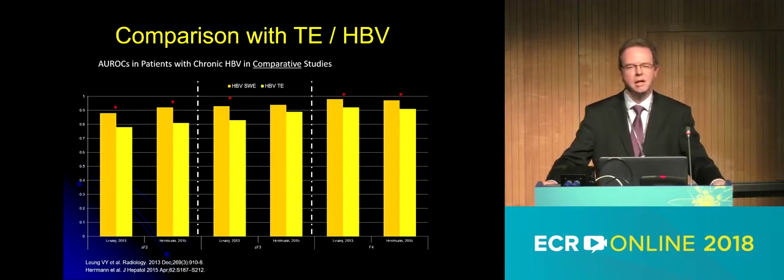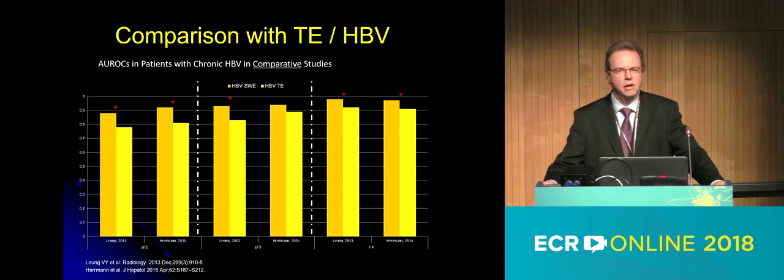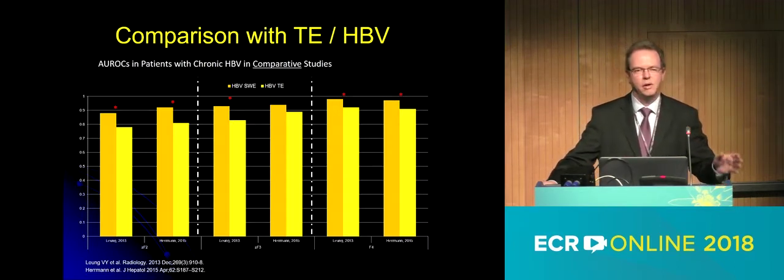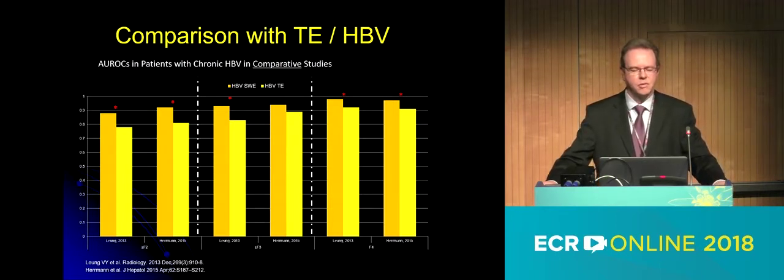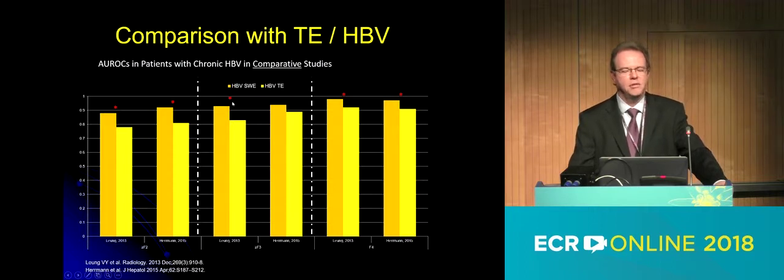liver disease. Here, there are two papers focusing on Hep B virus, where you can see, with the area under the ROC curve, that the accuracy to diagnose fibrosis greater than F2, F3, or F4 is always a little bit better with shear wave elastography, and even significantly better in some studies.